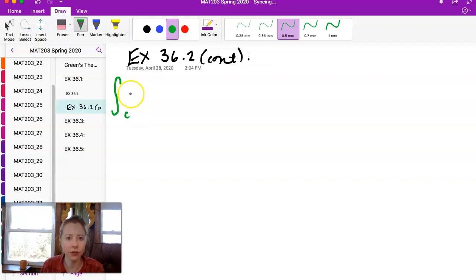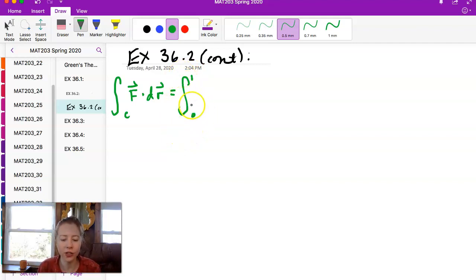The line integral of F dot dr is going to be equal to the integral from 0 to 1, remember, that's our time interval for our first part, and then we plug in t to the fourth i hat, dotted with r prime of t, which was i hat, dt, plus our next time interval, which was from 1 to 2.